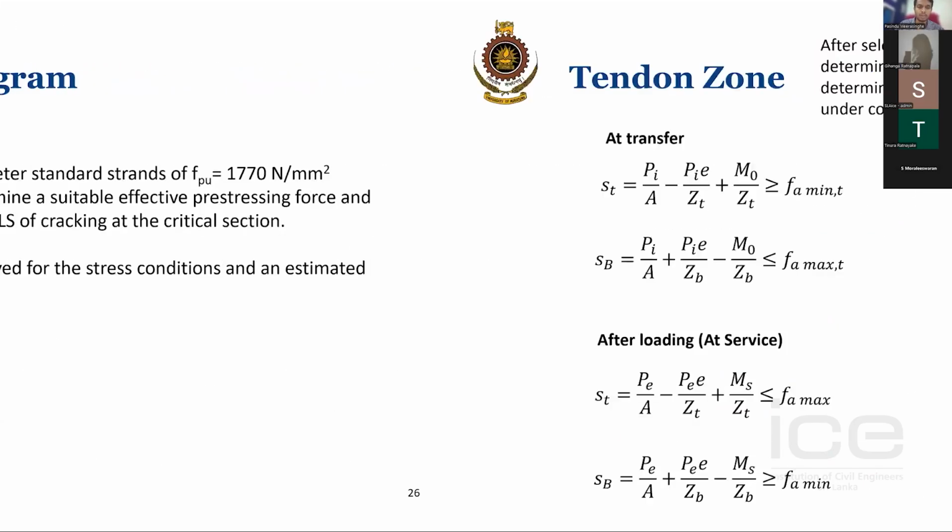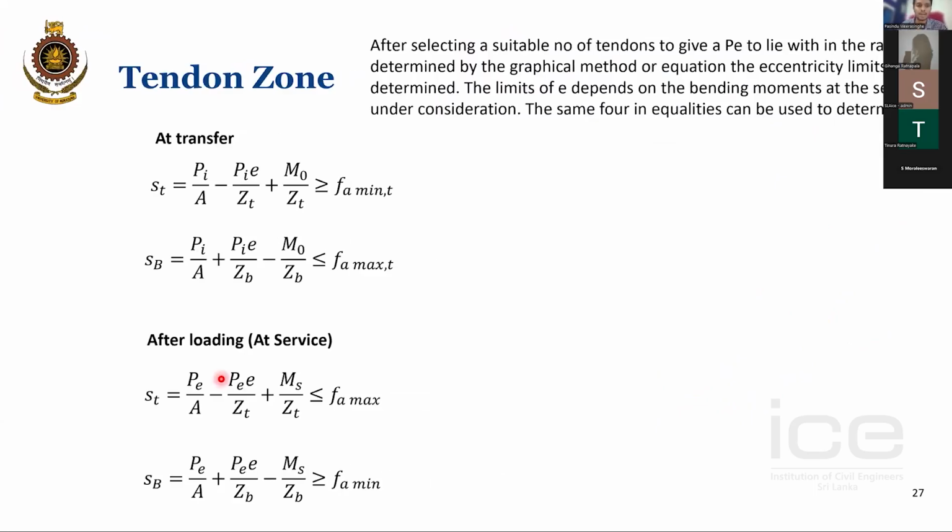And thirdly, once you have selected the P value, again for the same inequalities at transfer and after loading, I can rearrange them where now e is the dependent variable. So this inequality I can rearrange where e is less than a certain value.